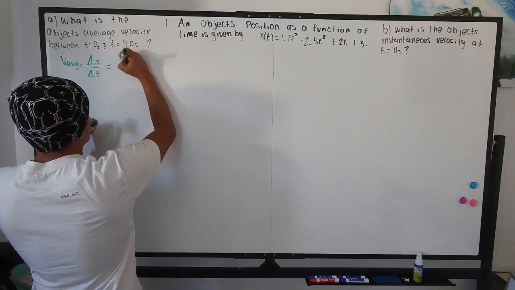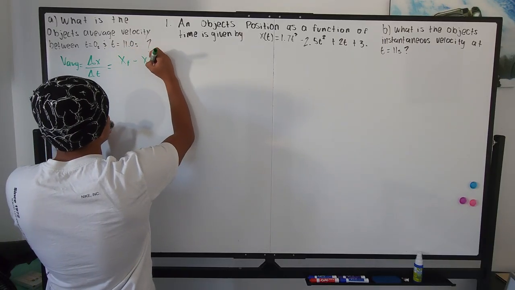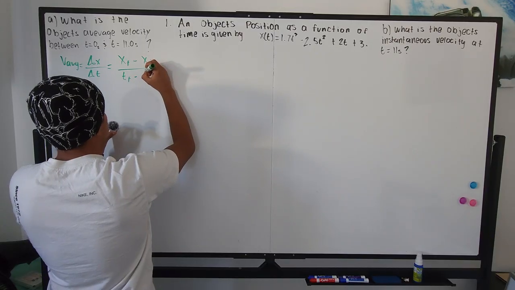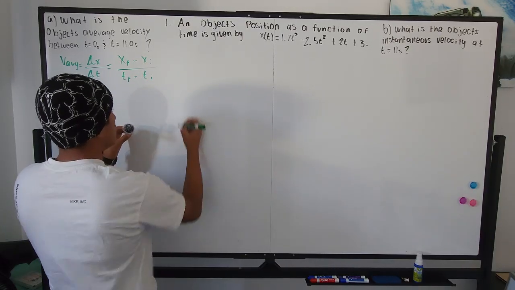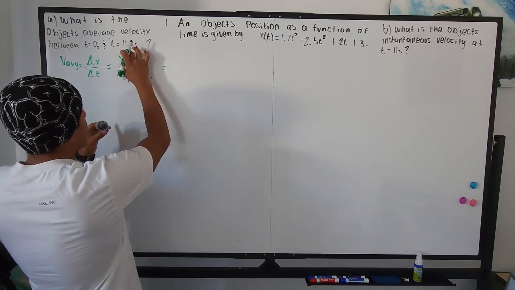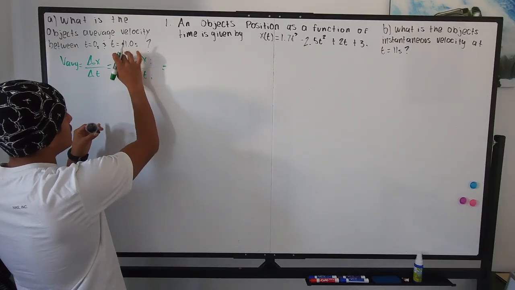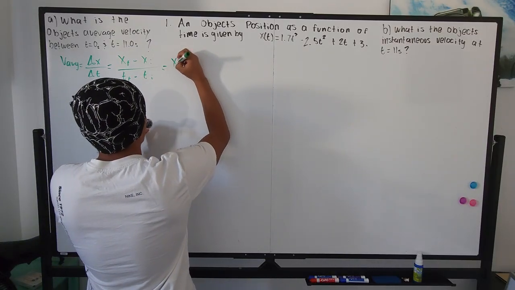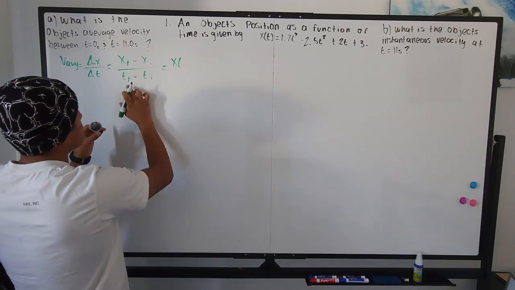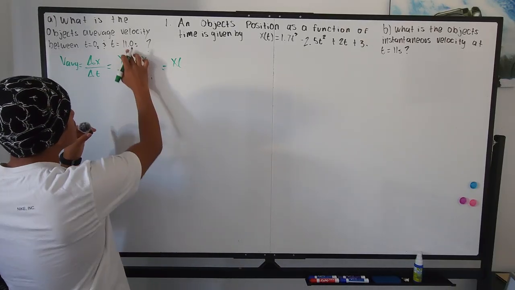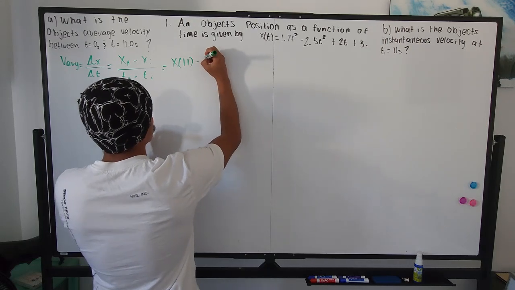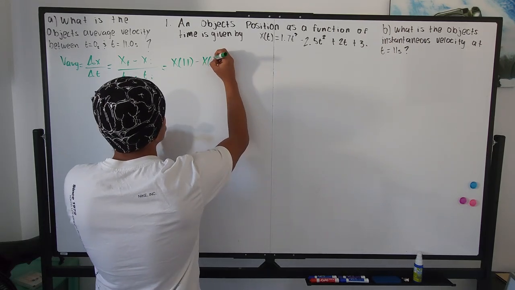This is the final position minus the initial position, all over the final time minus the initial time. Since we have a position function, we can find these x final and x initial. Our final position is when the time is equal to 11, so it's x of 11. Our initial position is when our time is equal to 0, so x of 0.